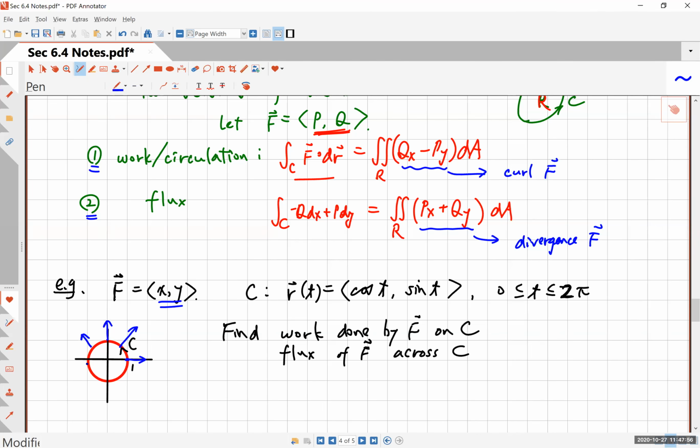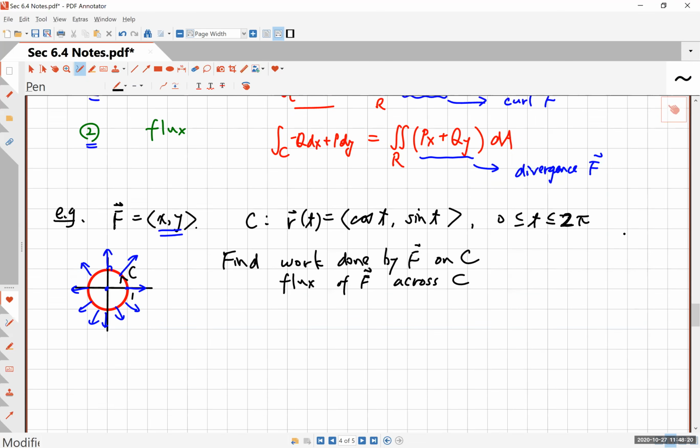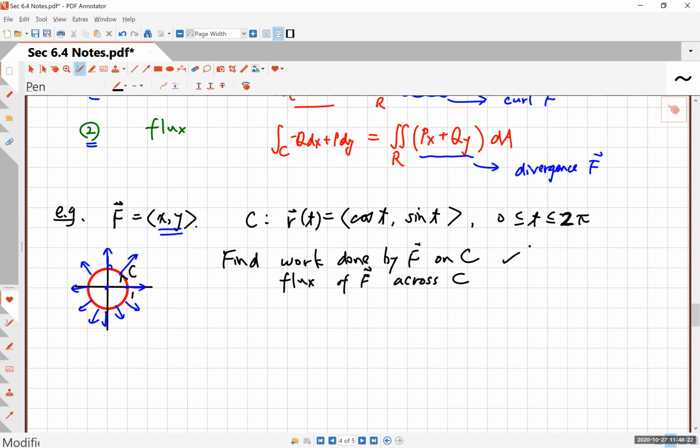So this is the vector field that goes away from the origin at any single point. The value of the vector field at any point is an arrow that goes away from the point, and it is perpendicular to the unit circle at every single point of the unit circle. That may tell you what the work is. You may be able to figure this out without even calculating it.